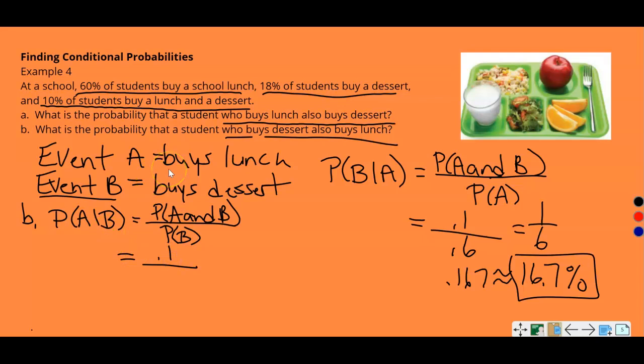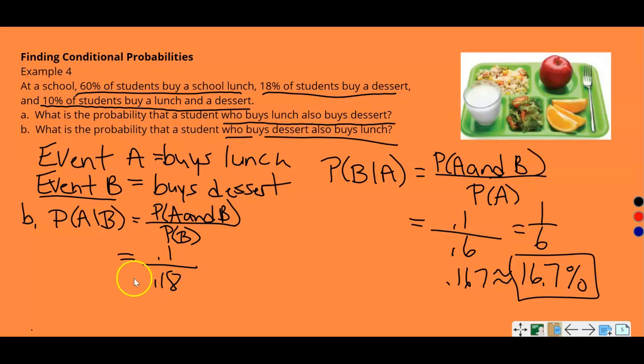And the probability of B is the probability of students buying dessert, which is 18%, so that's 0.18.